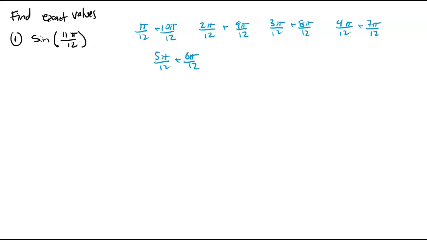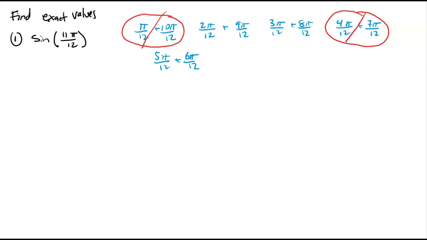Now, some of these numbers are going to be good, and some are not. For instance, I would not want to use pi over 12, because I cannot simplify pi over 12. That's not on our unit circle. I also would not want to use 4 pi over 12 with 7 pi over 12, because I can simplify 4 pi over 12, but I can't simplify 7 pi over 12.